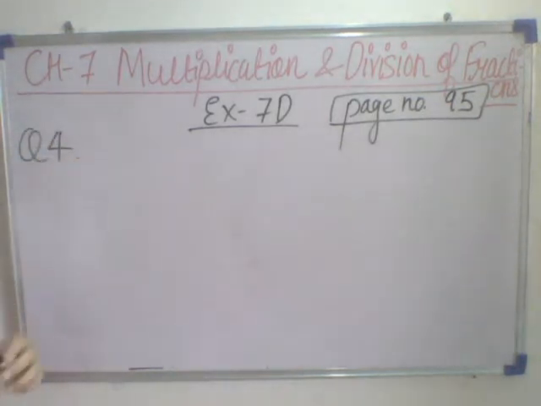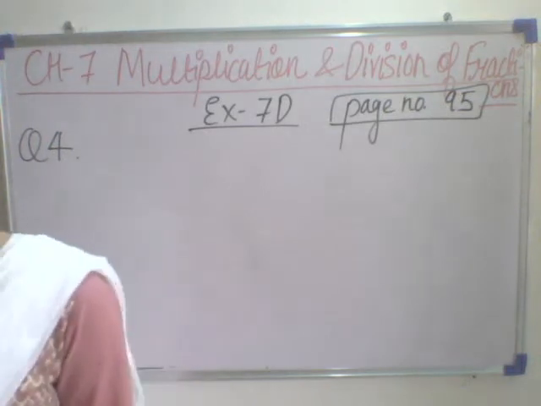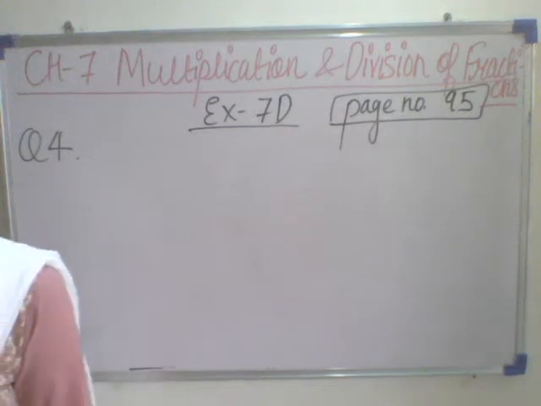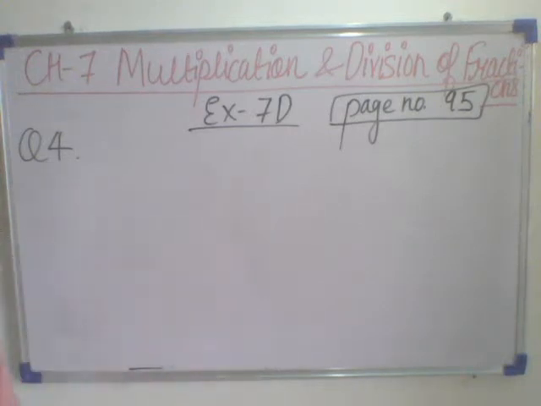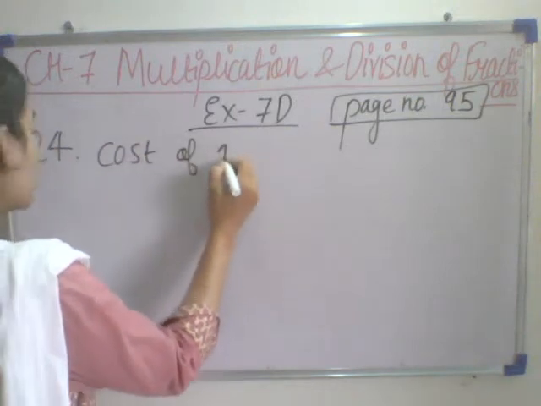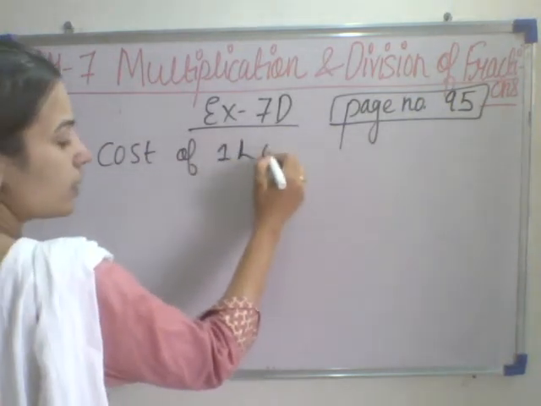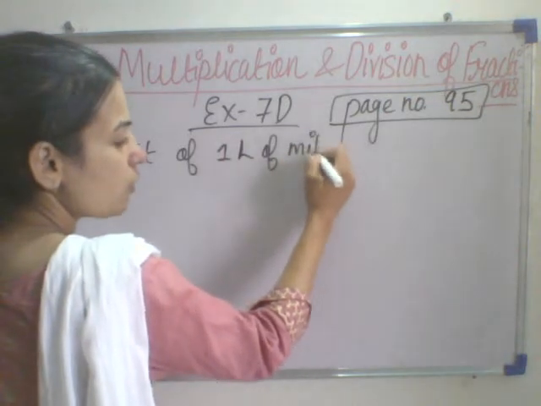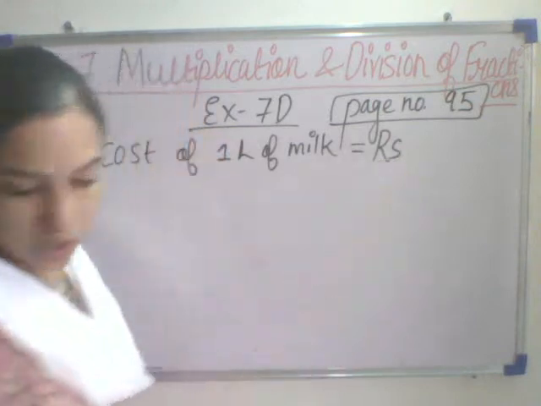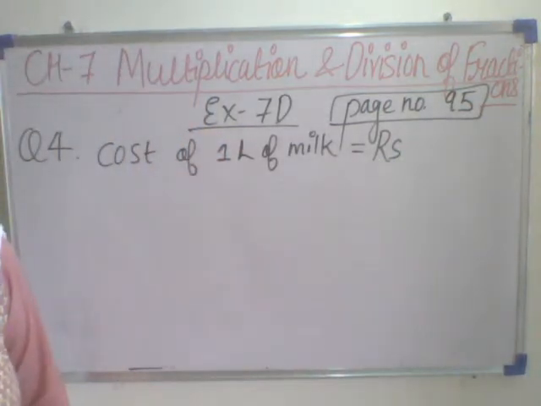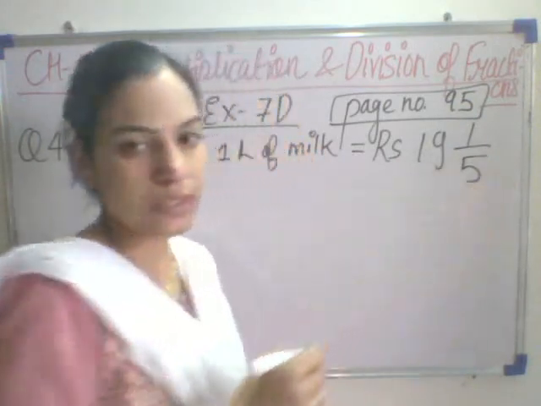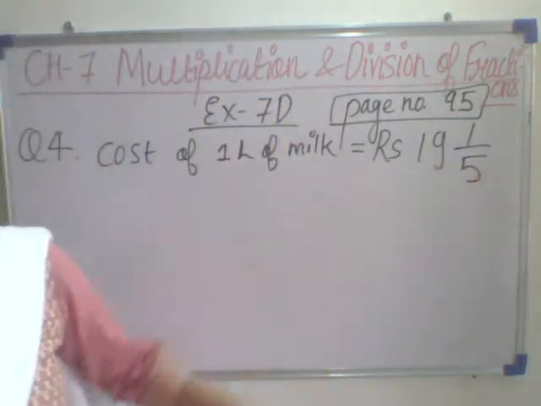Question number 4, I am reading. If 1 liter of milk costs rupees 19, 1 upon 5. Here the cost of 1 liter of milk is given, in rupees.